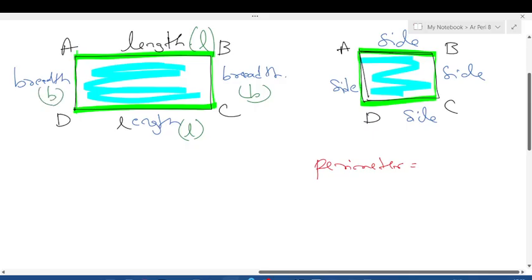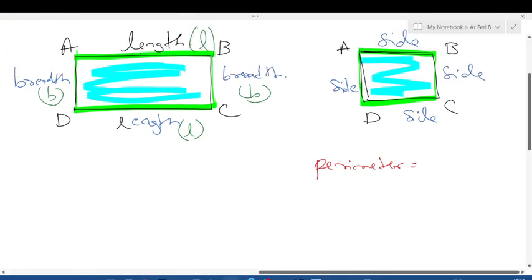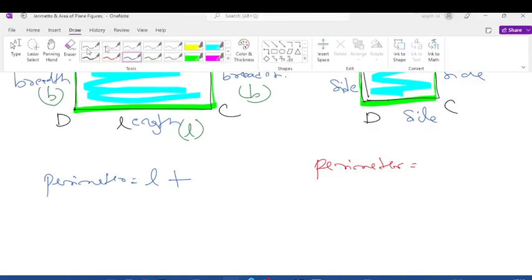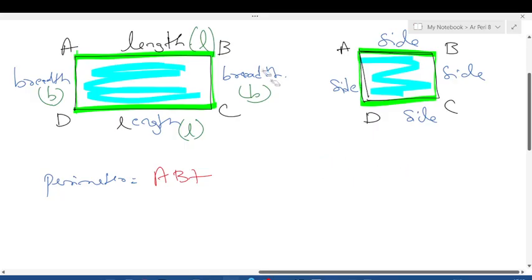When you're traveling from A to B, how much distance have you covered? What is the term given for A to B? Side A to B, what do you call? Length. Perimeter, L plus. See, A to B plus B to C. From B we are traveling to C. So what should I add here?